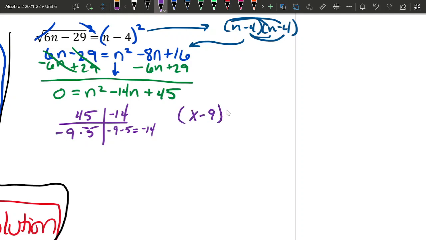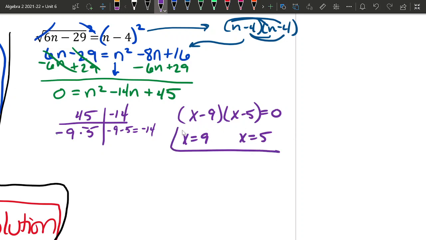So n minus 9, n minus 5 equals 0. When I solve those, I get n equals 9 and n equals 5. So these are my 2 possible solutions, but I need to check them to see if one or both are extraneous.